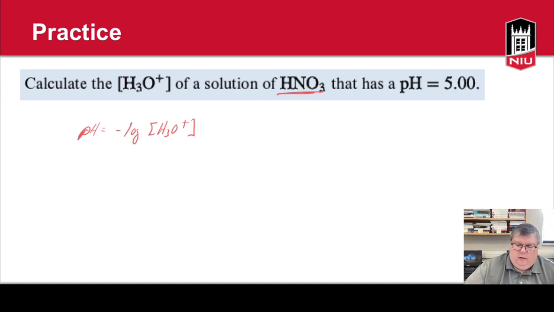And we know that pH is equal to 5. So if I do my math here, I get pH of 5.00 equals negative log H3O+ concentration. Now, I'm going to rearrange this equation a little bit. I'm going to move the negative sign to the other side.